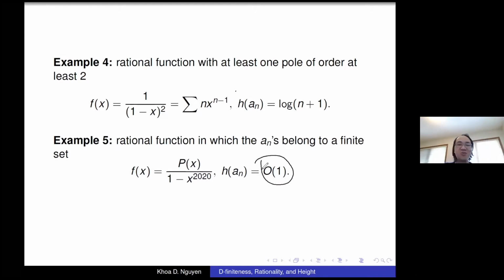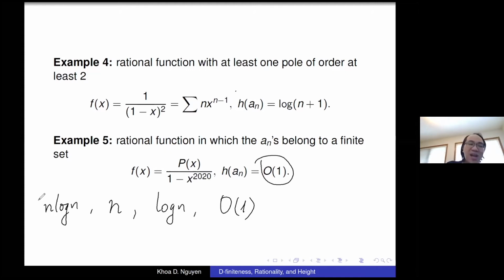So in conclusion, you can have something like n log n, n, so something times n, and then log n, and then O(1). So these are the possible rho of height, at least according to these examples.